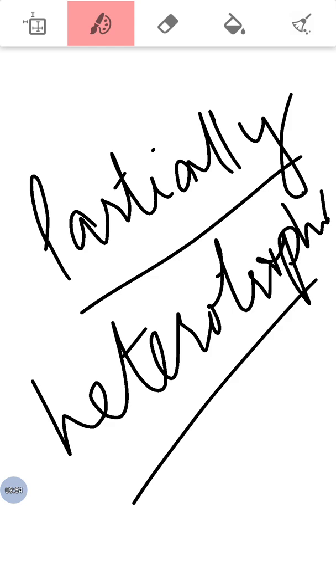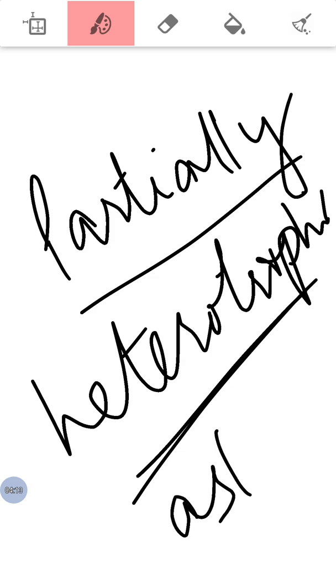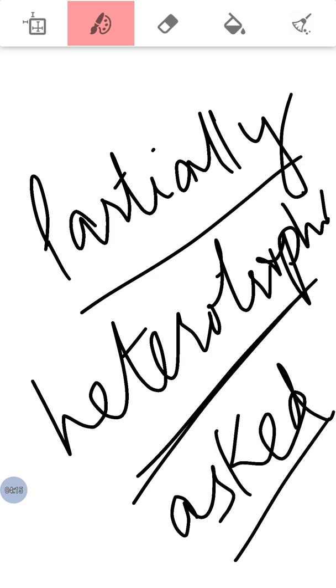So either we can call them partially heterotrophic, or we can also call them partially autotrophic, ना ही completely वो है, ना ही वो है. In your textbook it's mentioned partially heterotrophic, so mostly it will be asked in this way only, like which plants are called partially heterotrophic, or name the partial heterotrophs.